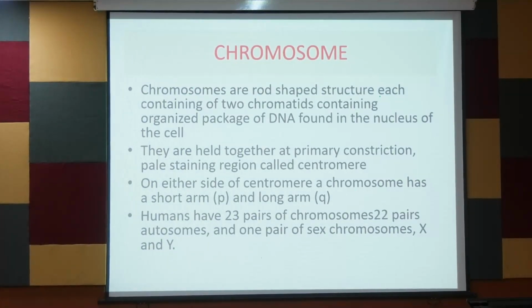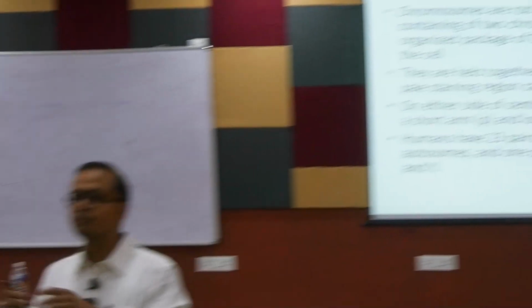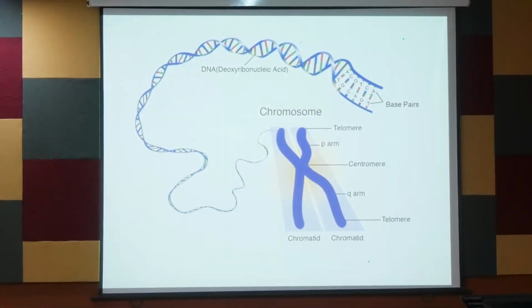In different phases of the cycle, these chromosomes might have different looks. It might look X-shaped, or else it looks like strands, or it's a rod-shaped structure like this.